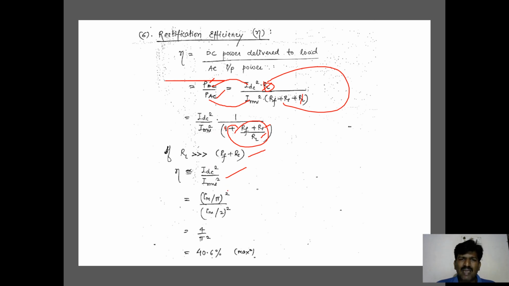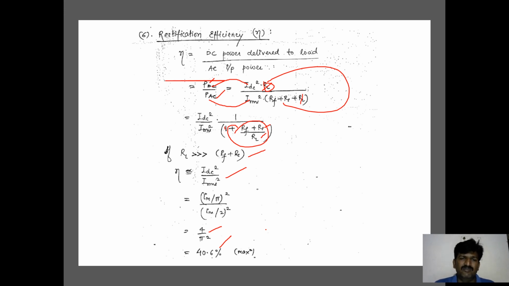Again you substitute IDC and IRMS. The resultant value is equal to 2 square by pi square, that is 4 by pi square. It is equal to 40.6 percent maximum. That is called rectification efficiency. It means if suppose you are giving 100% input, only 40.6% of the input is converted into DC power.